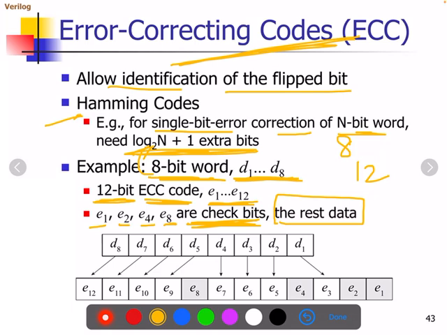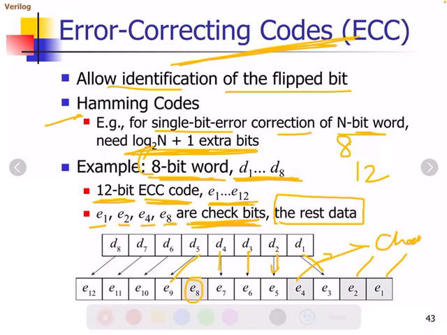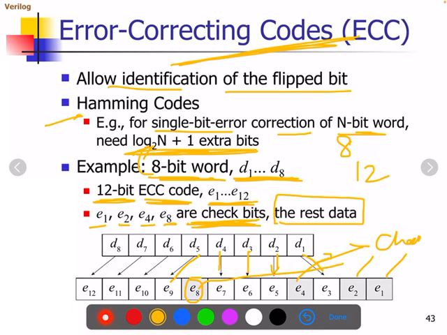D1 is mapped onto E3, which means E1 and E2 are check bits. D2 is equal to E5, but E4 is again a check bit. D3 is E6, D4 is E7, D5 is E9, but E8 is a check bit. D6 is E10, D7 is E11, D8 is E12.